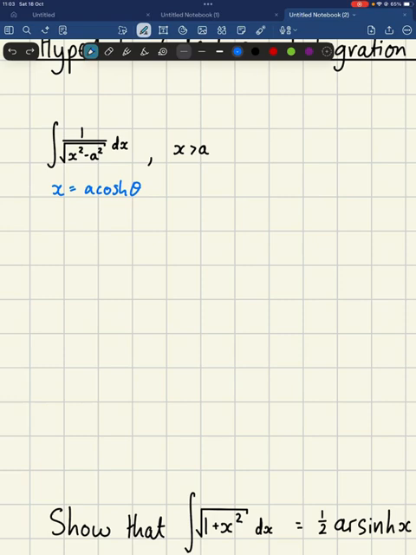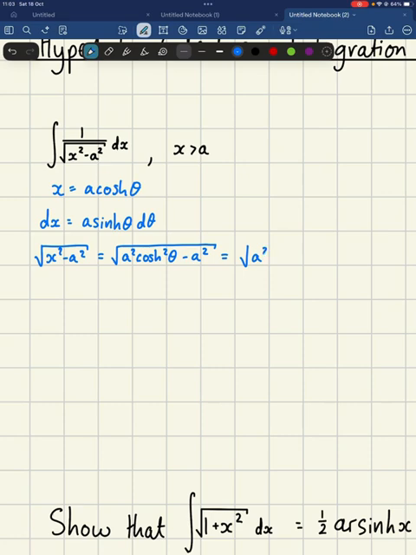Now this just becomes like a normal trig substitution. dx is equal to a sinh theta d theta, and the square root of x squared minus a squared is going to be the square root of a squared cosh squared theta minus a squared, which we worked out would be a sinh theta. Let's just show that.